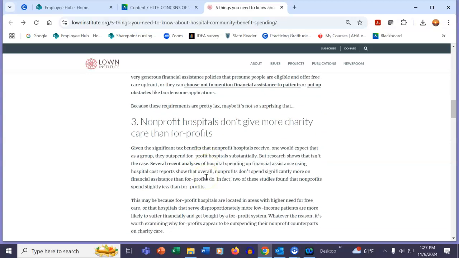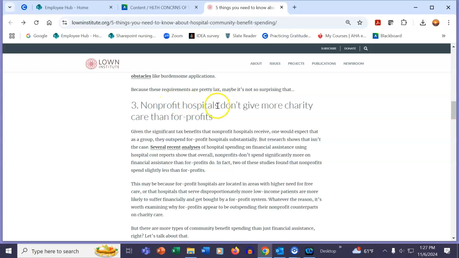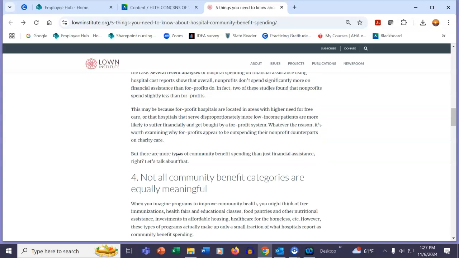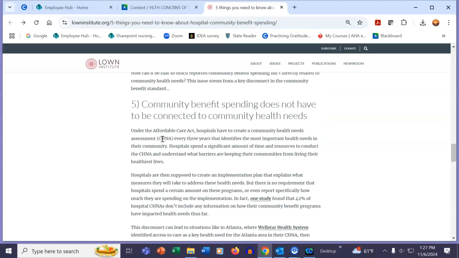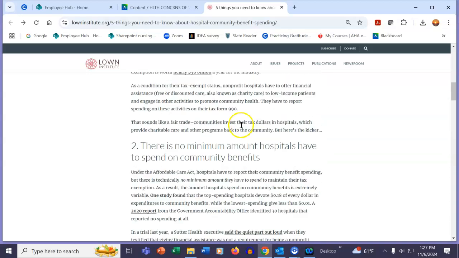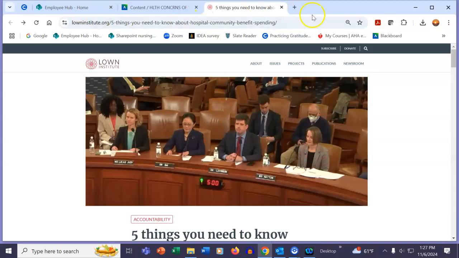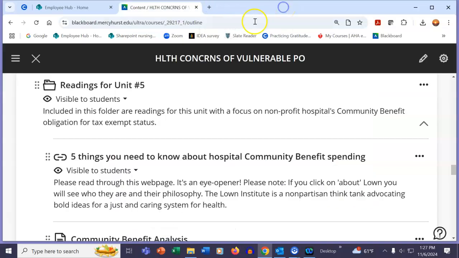So you can look through, and a very startling thing is that nonprofit hospitals don't give more charity care than for-profits. So you can see where they got the data from. That's number 3, number 4, and then there's 5. Benefits spending doesn't have to be connected to community health needs. So this is some really alarming information, important information as nurse leaders.